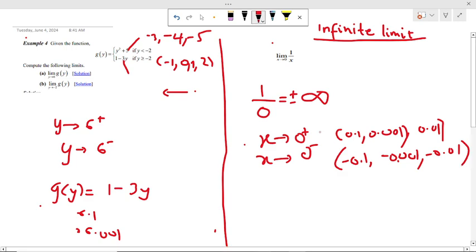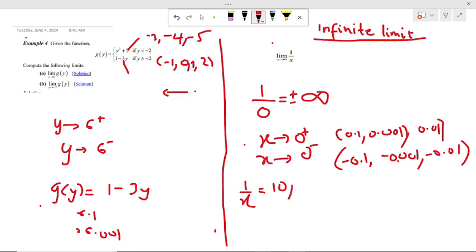So when I put these values in this function, that is 1 over x, and I evaluate from the positive direction, that is from the right hand side, I get for the first one 1 over 0.1, I get 10, then 1 over 0.001, I get 1000, then for this I'll get, I think, 100, right?